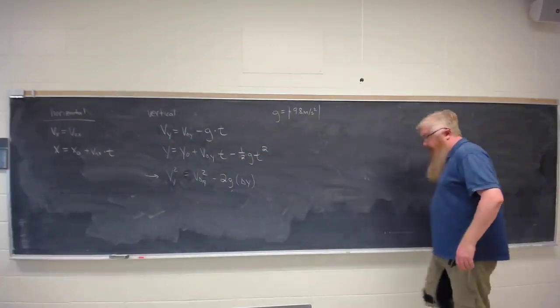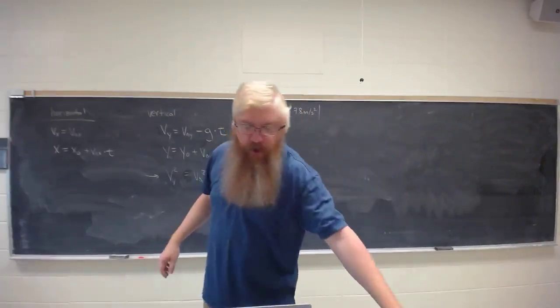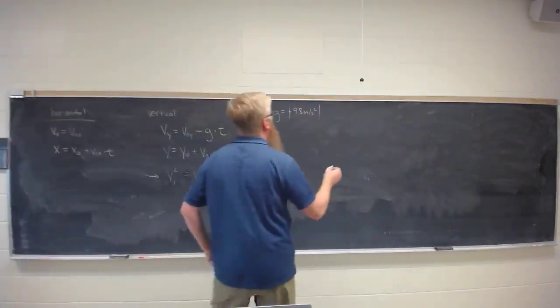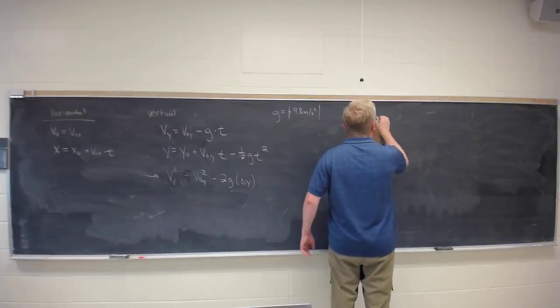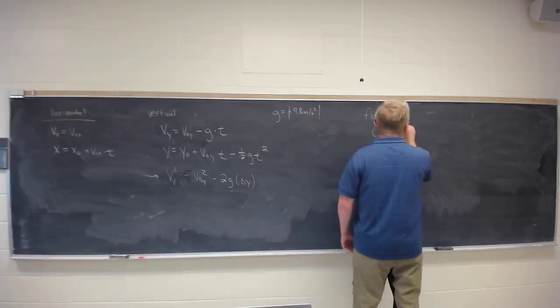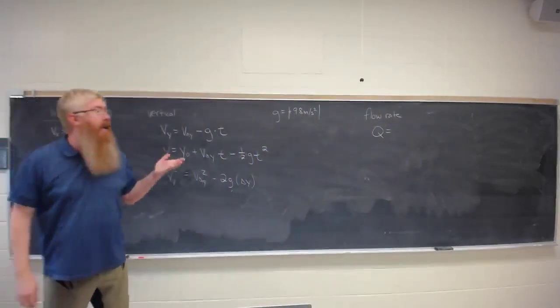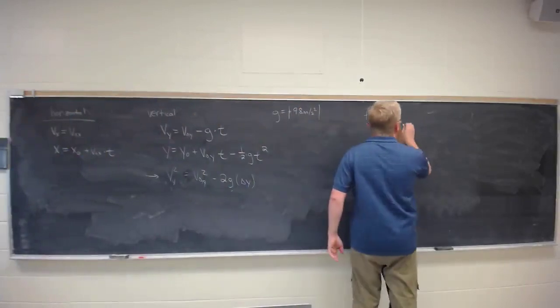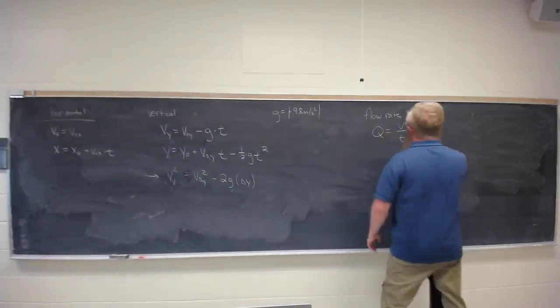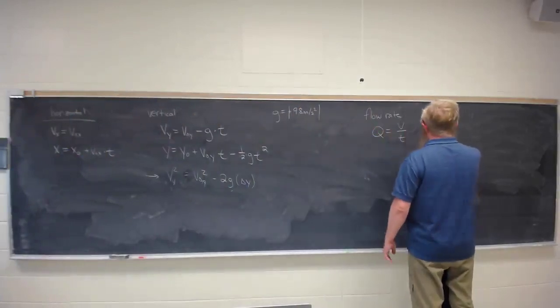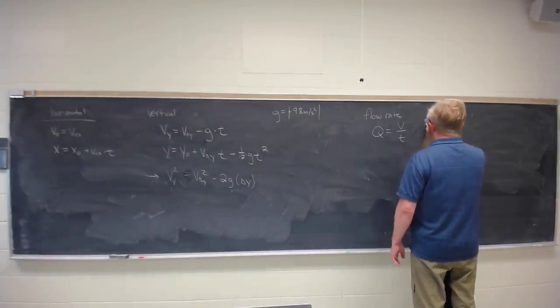So the flow rate for a fluid, we use Q, right? It's the volume of the fluid over how much time it takes to pass. So volume is in units of meters cubed, and time is in units of seconds.